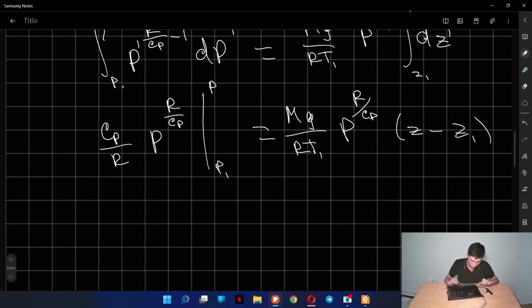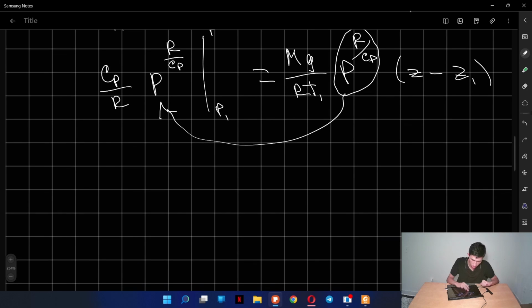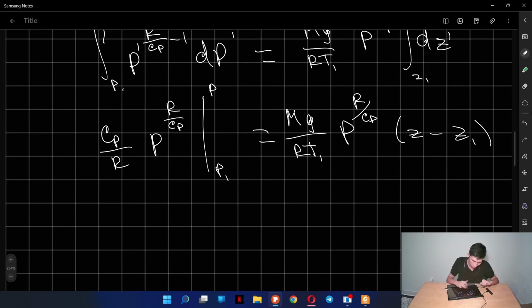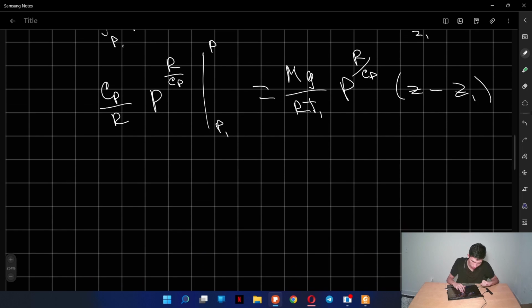Okay, I can now move this to this side of our equation, and I can divide, before that, I should replace the variables here, right?